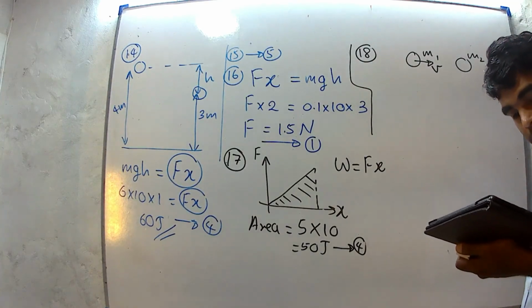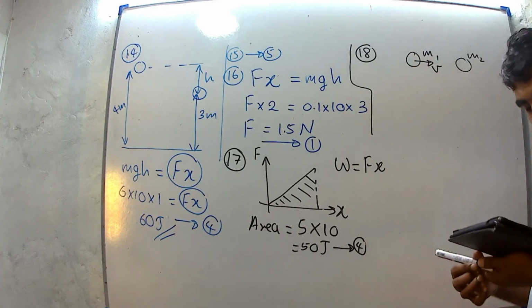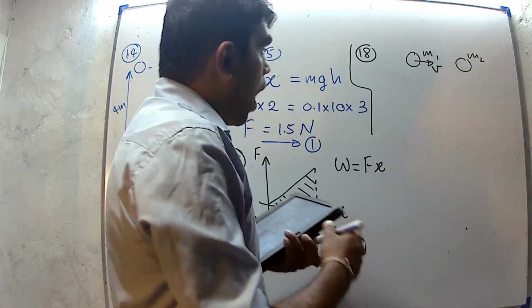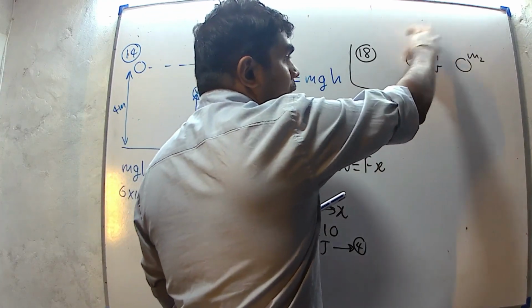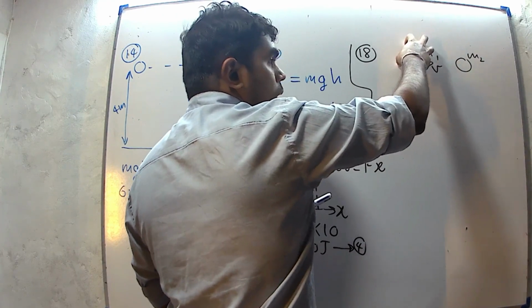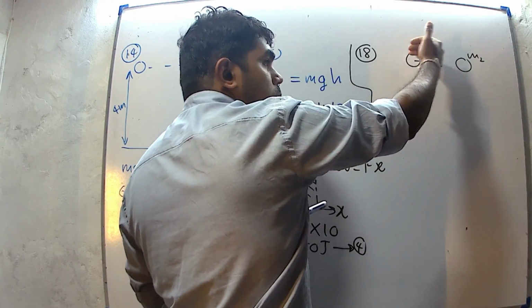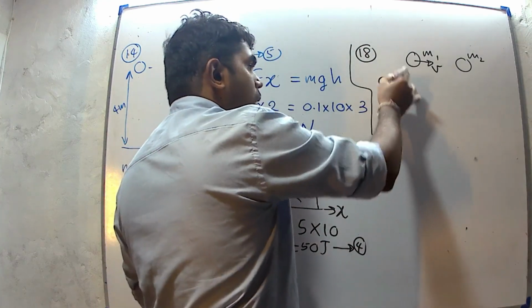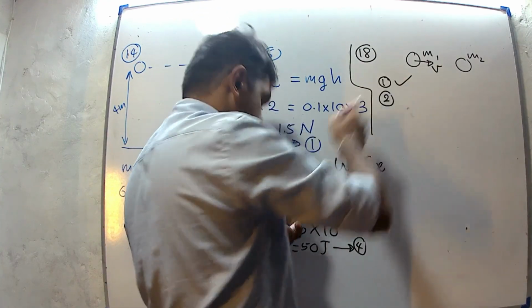For the first statement, if m1 is less than m2, this mass is small, m1 should move in the opposite direction after the collision. Then 1 is correct. You have to find the incorrect statement.